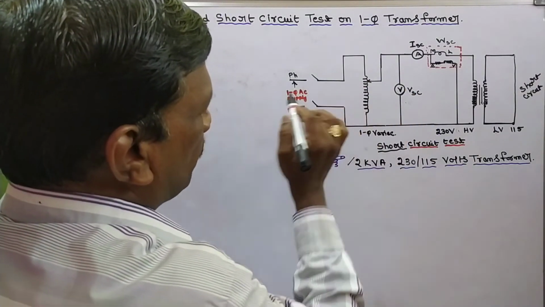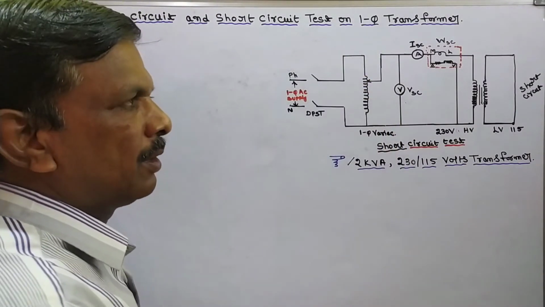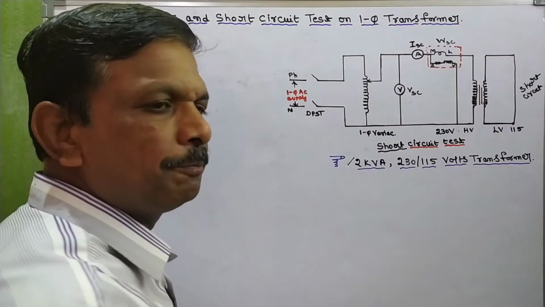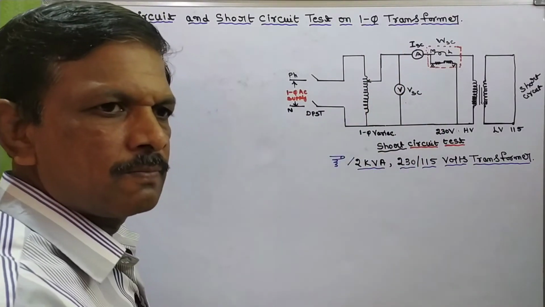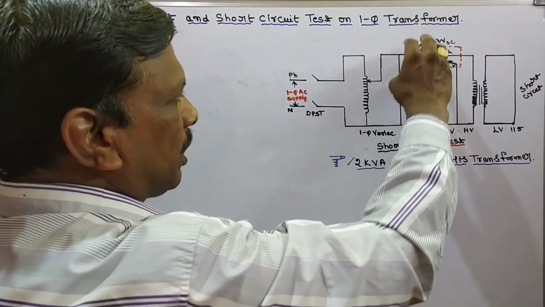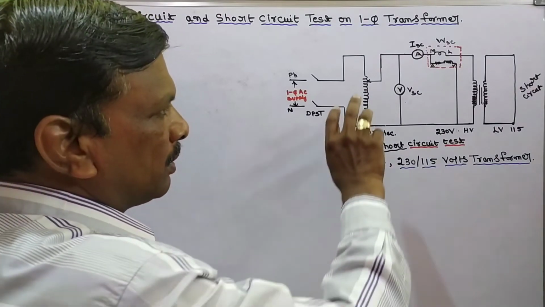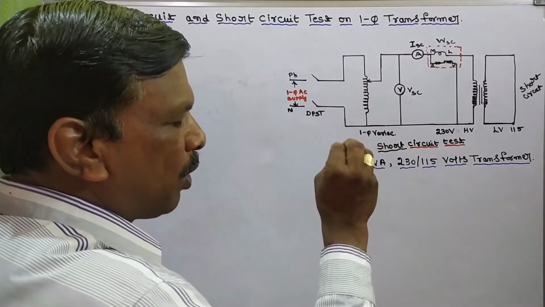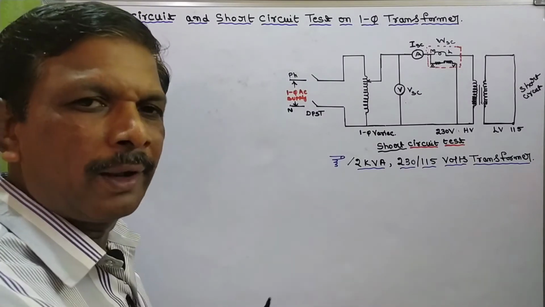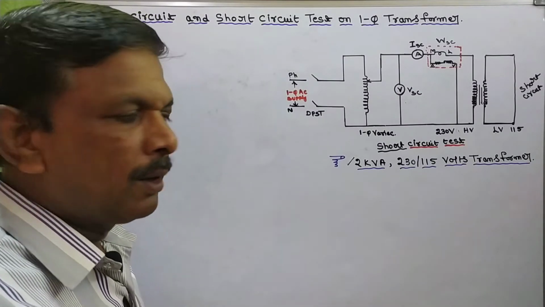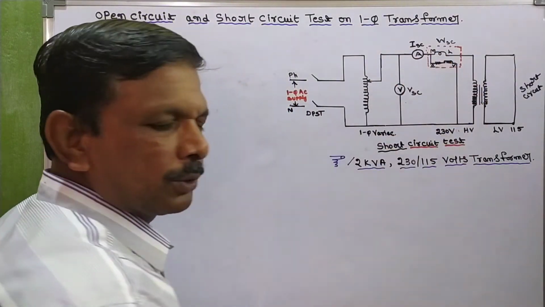When we close the switch, we get supply. Remember, in the short circuit test, we concentrate on the ammeter. Why? Because when we change a small voltage, it draws more and more current. So first calculate the rated current of the circuit.